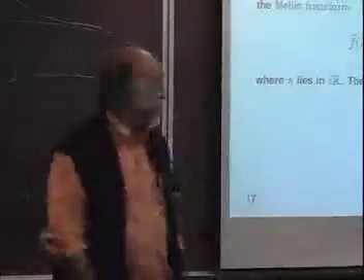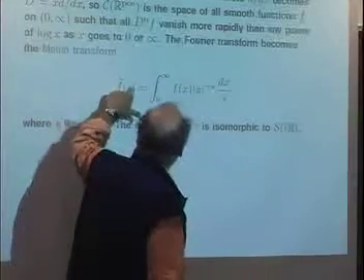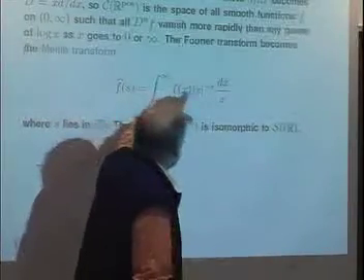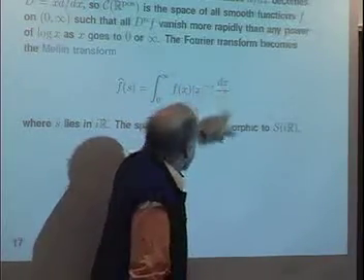So I have f hat of s, and furthermore, the Mellin transform has another thing. It shifts this to this. So now s is an imaginary point. I have the Mellin transform f hat of s equal to the integral from 0 to infinity of f of x against x to the minus s dx over x.